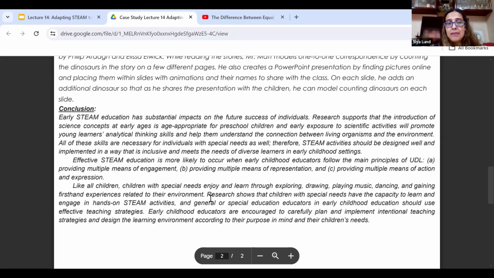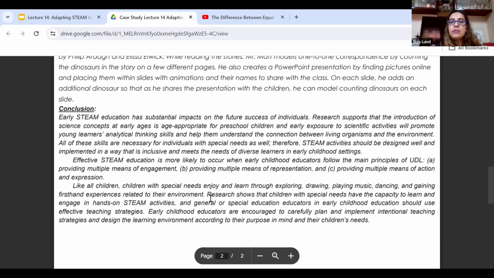So, effective STEAM education is more likely to occur when early childhood educators follow the main principles of UDL that we just saw in the video: providing multiple means of engagement, providing multiple means of representation, and providing multiple means of action and expression. And like all children, children with special needs enjoy and learn through exploring, drawing, playing music, dancing, gaining first-hand experiences related to their environment.